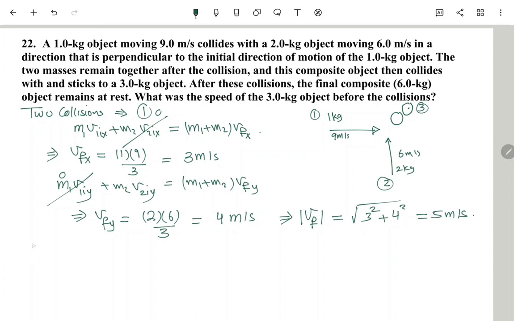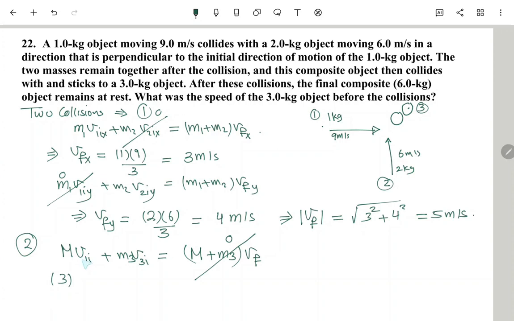Now collision 2. In this one here, the total mass M times V1 initial plus M3 V3 initial equals M plus M3 times V final. Since the whole wreckage is brought to rest, this will be equal to 0. M here is the mass for object 1 and object 2, so 1 plus 2, it's 3.